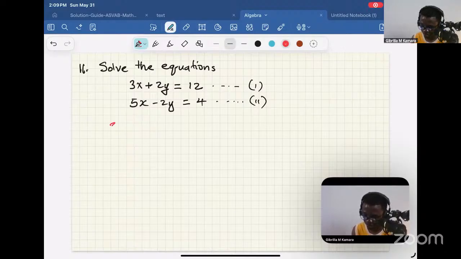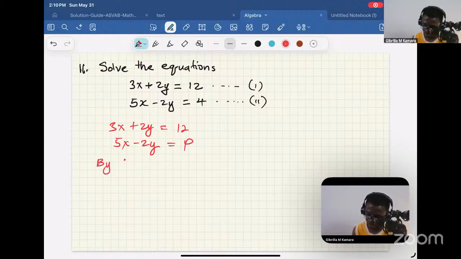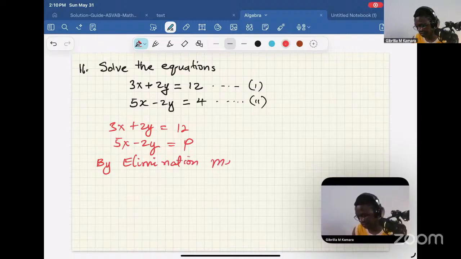You are given 3x plus 2y equals 12, 5x minus 2y equals 4. You see, by elimination method, the aim is to eliminate one of these terms.